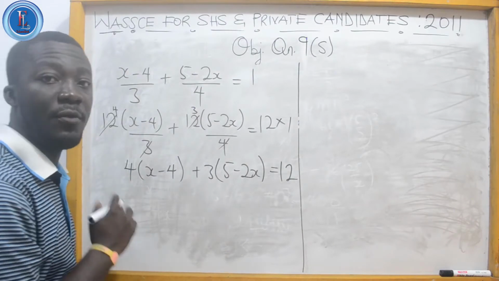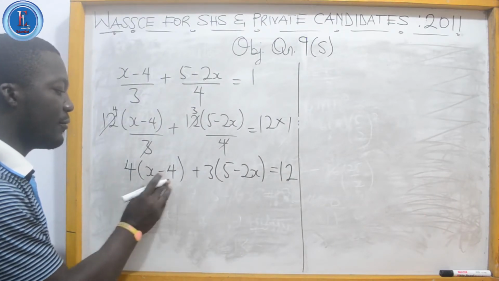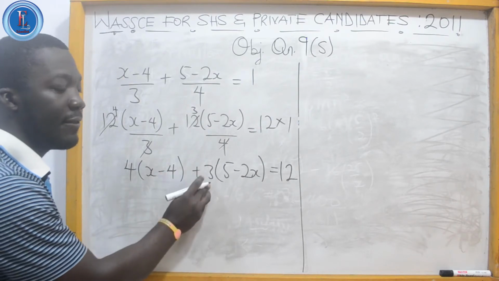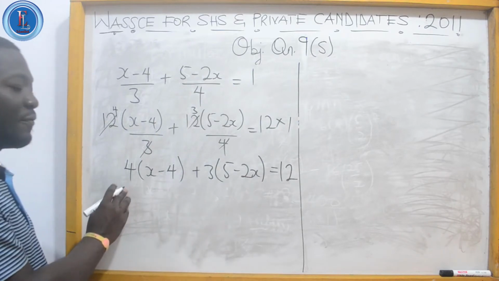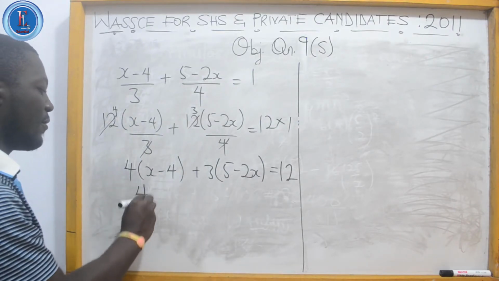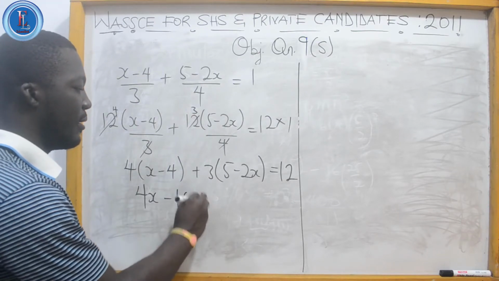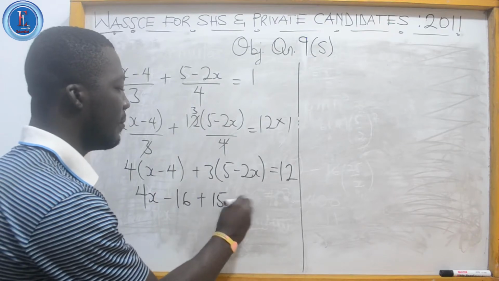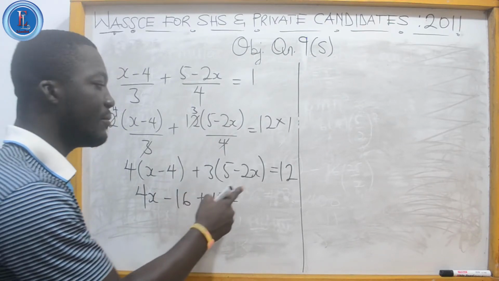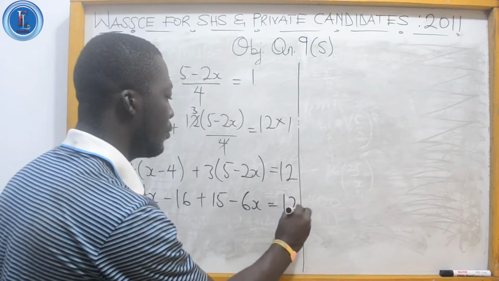The next thing we are going to do is to expand the bracket. 4 will multiply what we have inside this bracket, and 3 will also multiply the content of this bracket. So 4 times x is 4x minus 4 times 4, 16, plus 3 times 5 is 15, minus 3 times 2x will give us 6x, which is equal to 12.